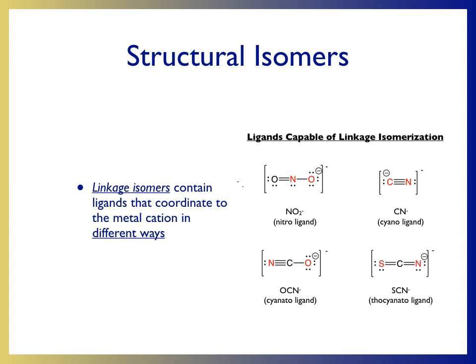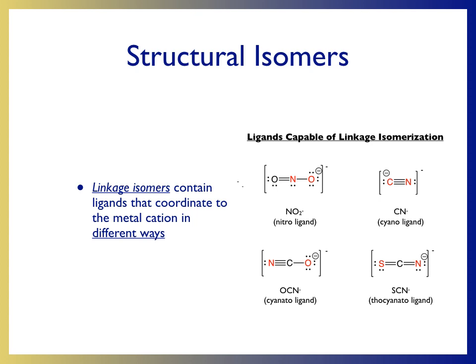The last two are also common ligands, the cyanato and the thiocyanato ligands. In the cyanato ligand, the bonding can occur through the oxygen, which is most common, or the nitrogen. And for thiocyanato, we can also bond through the sulfur and the nitrogen, where binding through the sulfur is probably the most common.